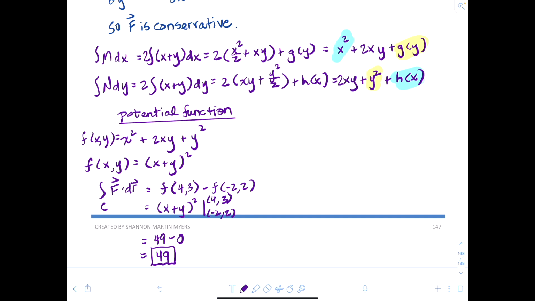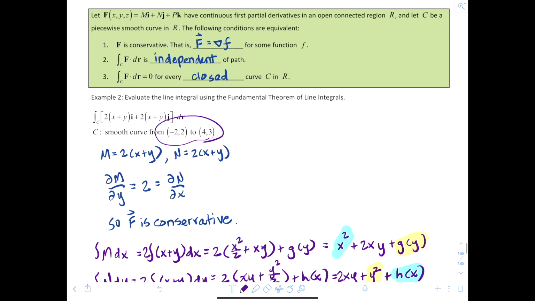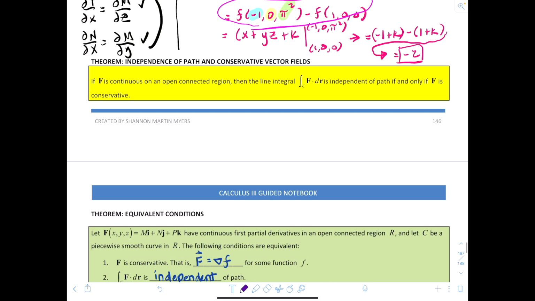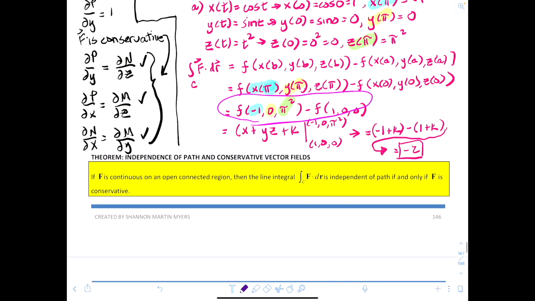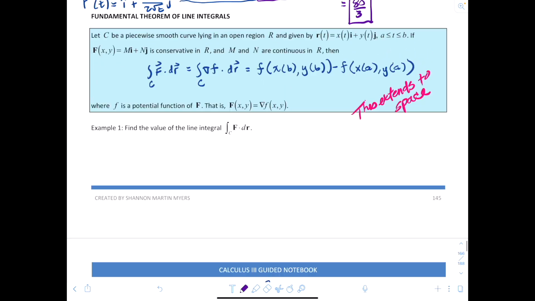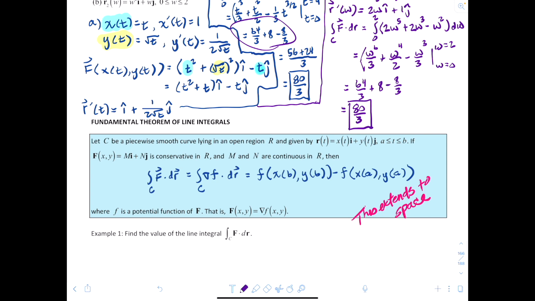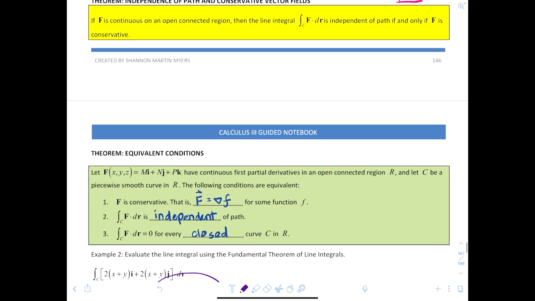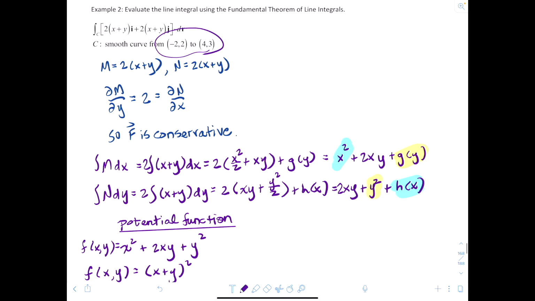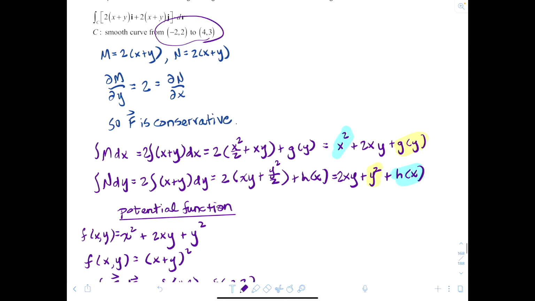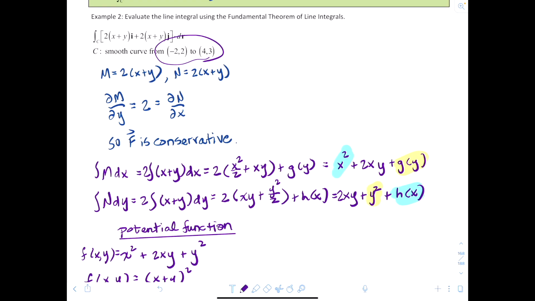All right, so if we meet all of the requirements, then we can use this groovy fundamental theorem of line integrals. But remember, the catch is that sometimes you need to get this right here, right, was our f of x and y, right?